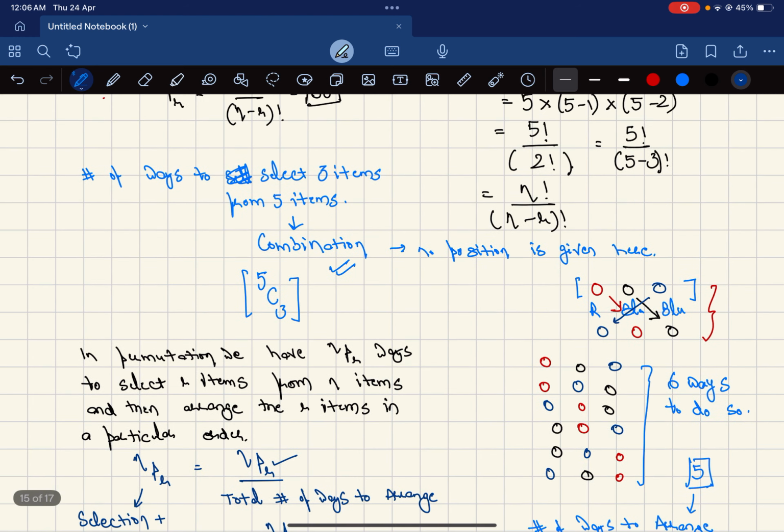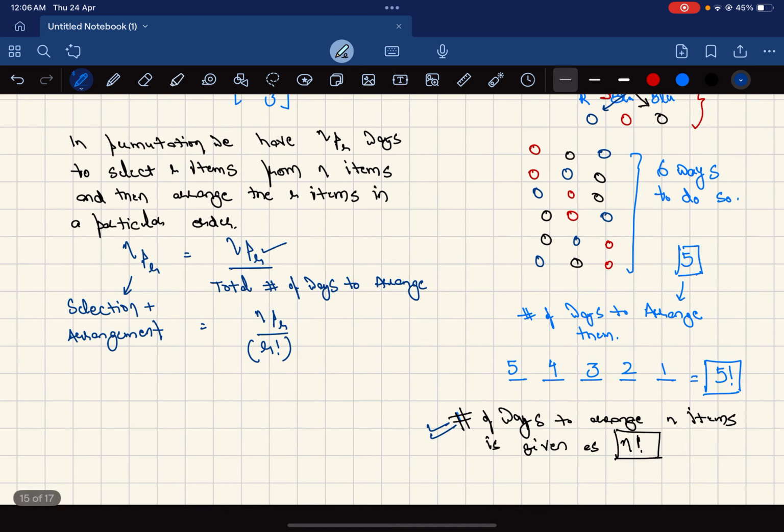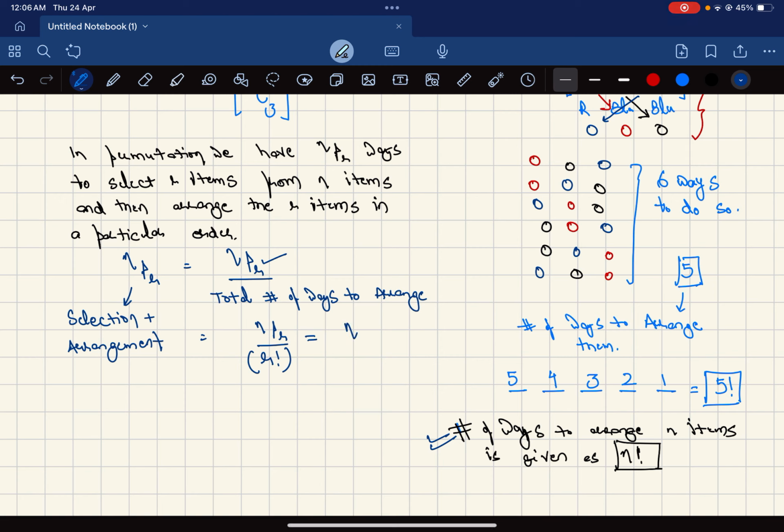Now taking the formula for nPr from here, we can put it here. This becomes n factorial divided by n minus r factorial and r factorial. And this is the total number of ways to select r items from n items, and this is represented as the number of combinations, which is nCr.